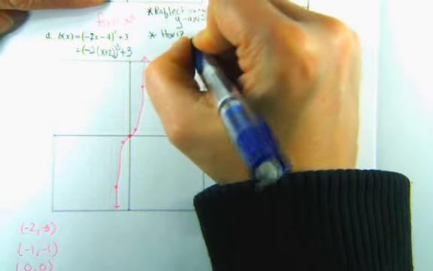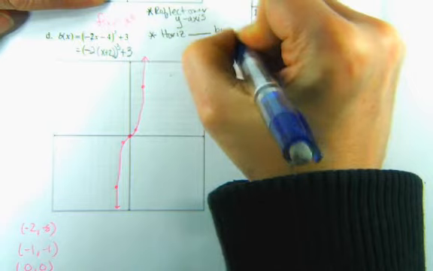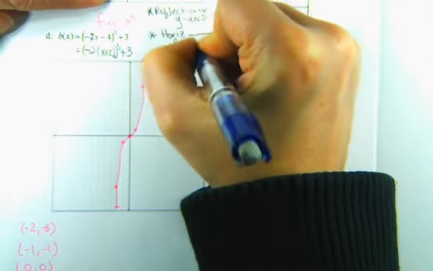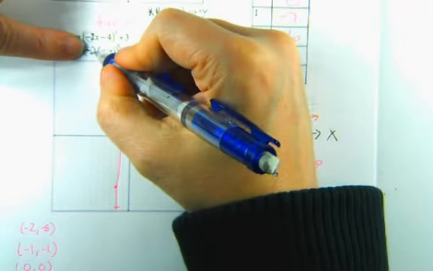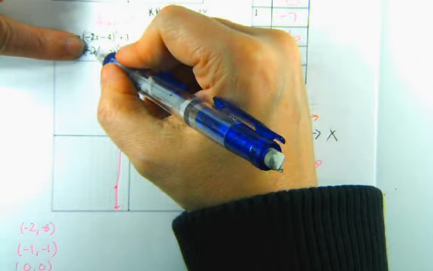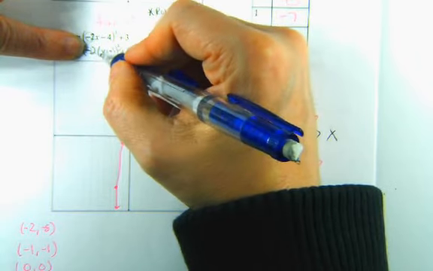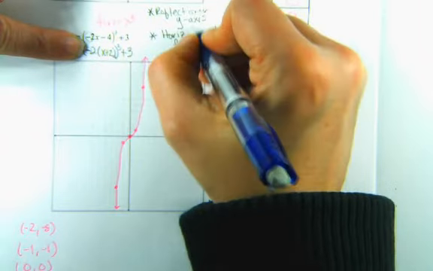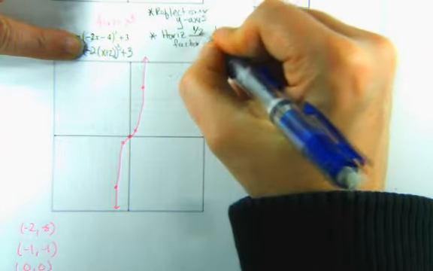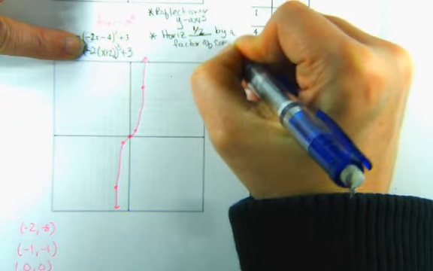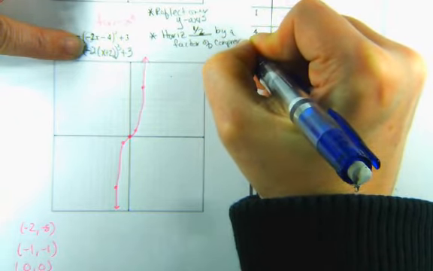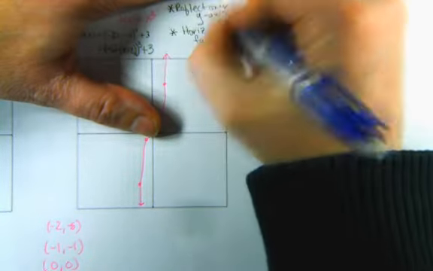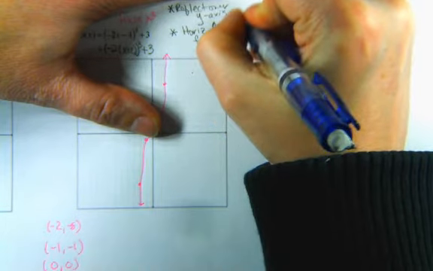It's 2 times x, so I'm going to take this x and divide it by 2, which is written 1/2. Because this is a fraction, you need to write compression. Oh, I'm sorry, I got those written in the wrong place. So that would be compression by a factor of 1/2, which means take all my x values after I've done the reflection, multiply them by 1/2, or divide them by 2. I have 2 more transformations.